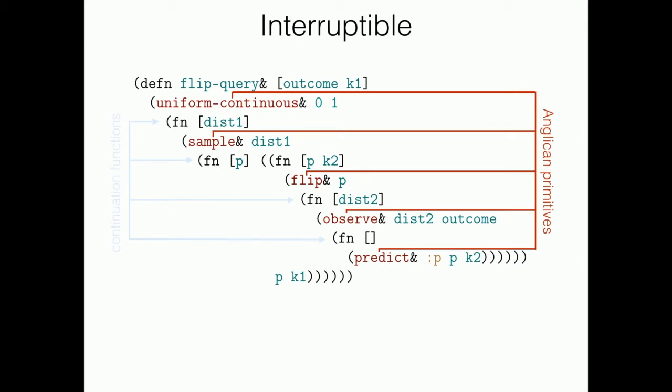So our distributions show up as primitives, CPS transformed, and sample and observe show up here. But now sample and observe take continuation arguments. So our implementations of sample and observe can interrupt the computation, do whatever they need to, but they actually have an extra argument. We know how to call the rest of the computation.